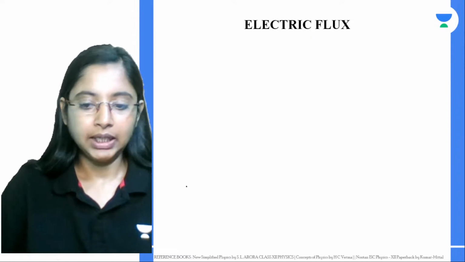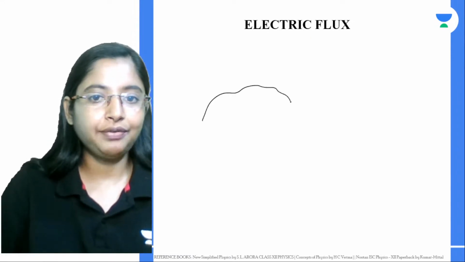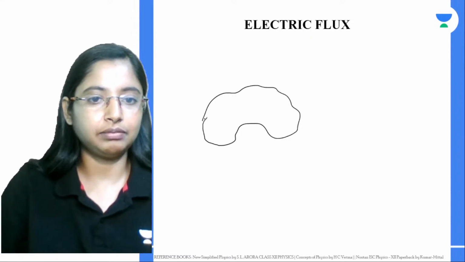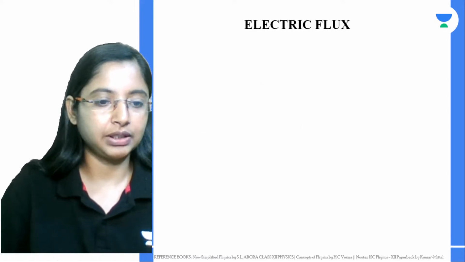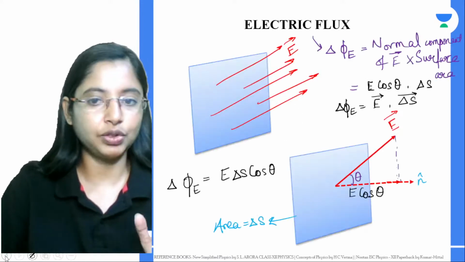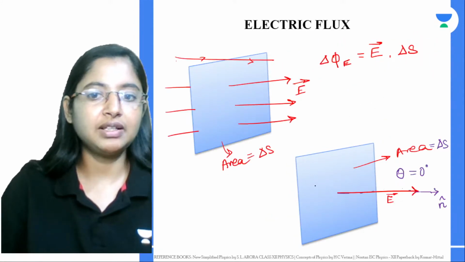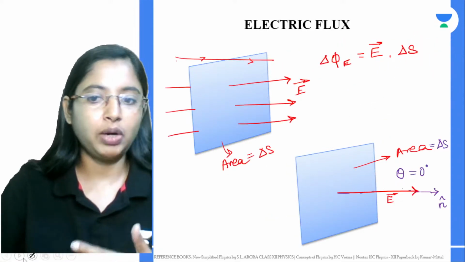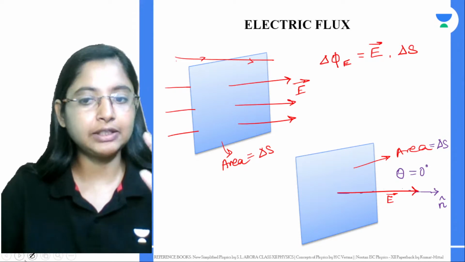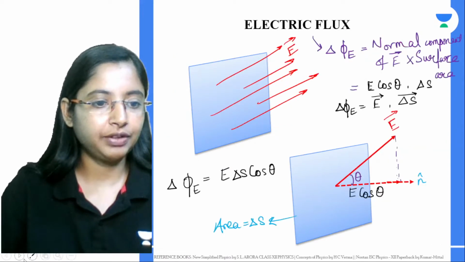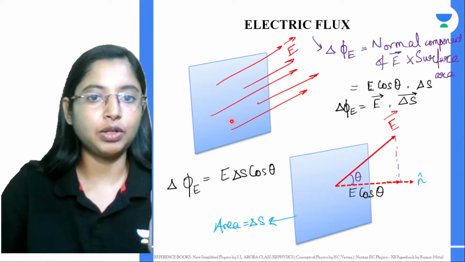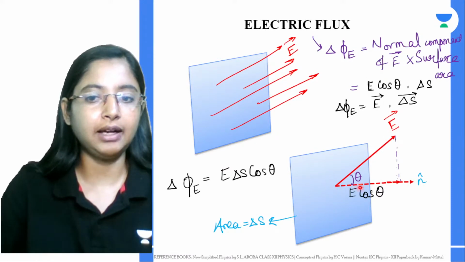Now, till now whatever cases we saw were for uniform surfaces. In one case there was no angle between the electric field and the area vector, and in the second case the electric field lines made an angle with the area vector.